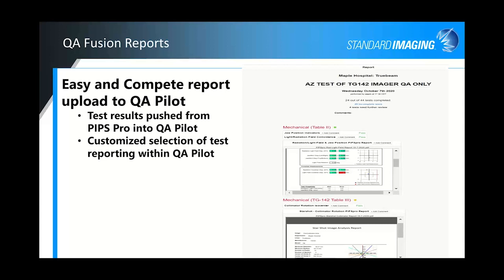So both components will allow you to do full reporting of your results for TG142 or for different accreditations as needed. The test results are pushed from PIPSpro right into QA Pilot, and you can customize your tests within both components of the software as well.